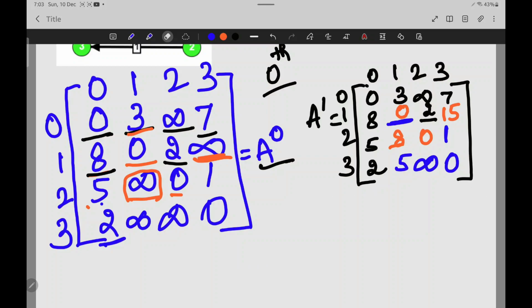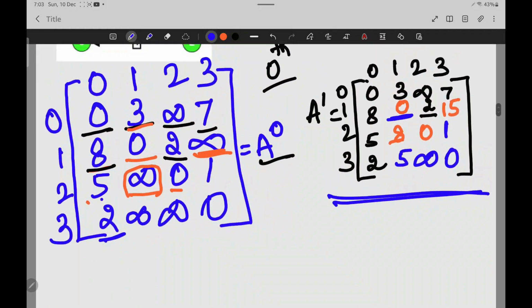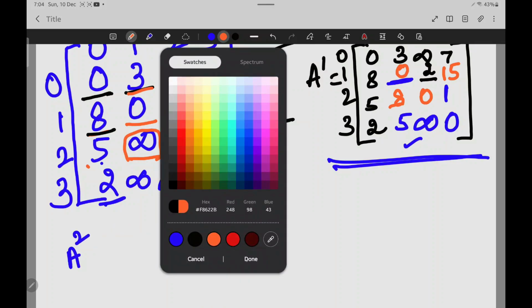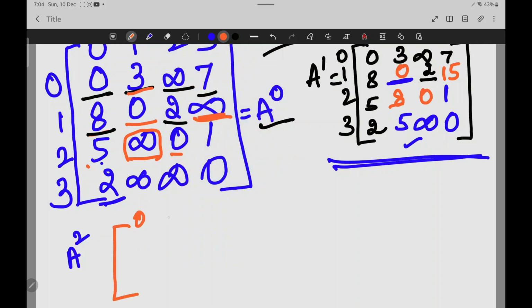So now this is the minimized matrix A1. So now we need to consider this matrix and we are going to travel through the 1. So through 1, 0, 1 to 2, 1 to 3. So the second row and second column will be the same. Okay, we need to find the next matrix A2, and that matrix will be 0, 1, 2, 3, 0, 1, 2, 3.